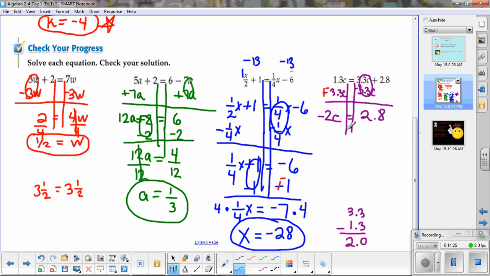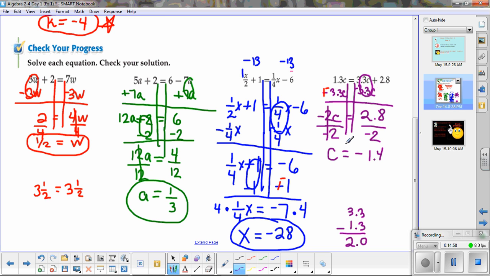Now the last thing we need to do is to get 1C, we need to, instead of multiplying by -2, we have to divide by -2. -2 divided by -2 is a +1, and 1 times C is C. On the other side, a positive divided by a negative is always going to be negative, and 2.8, or 2 8/10 divided by 2, is going to be 1.4, or 1 and 4/10.